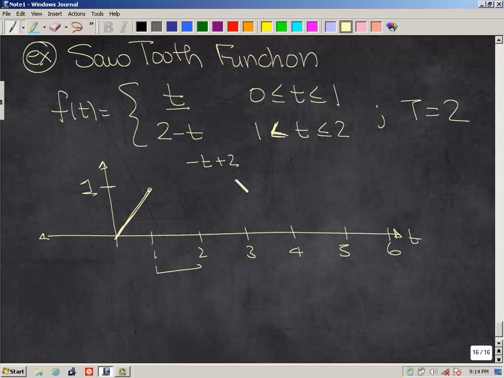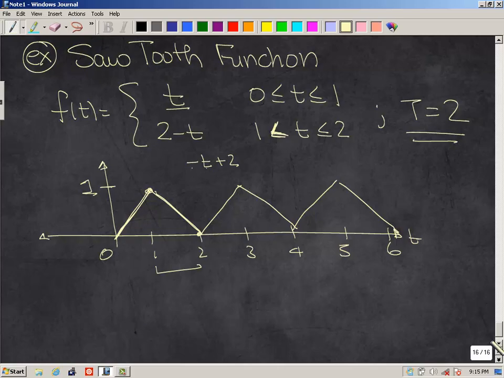If t is 2, you get negative 2 plus 2, which is 0, so you'll get this point. And if t is 1, you get negative 1 plus 2, which is 1, so you'll get this point. If you connect those two, we'll get this piece. Once you draw the graph from 0 to 2, for that period, the rest is just going to repeat itself. And you can see why it's called the sawtooth function.